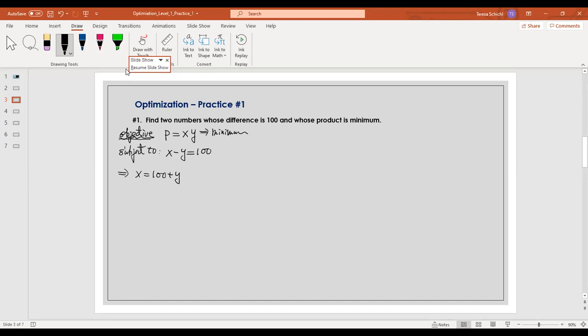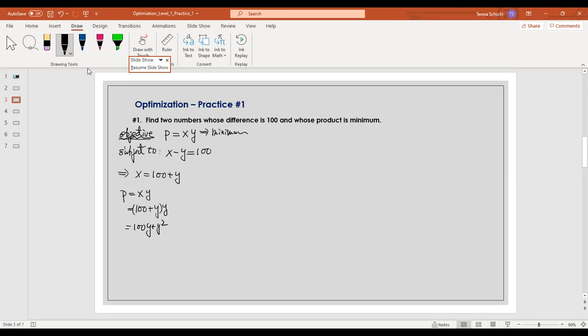After that, what do we need to do? We substitute this function into the objective function. So the product P is equal to x times y. Right now my x is 100 plus y, times y, so this will be 100y plus y squared.